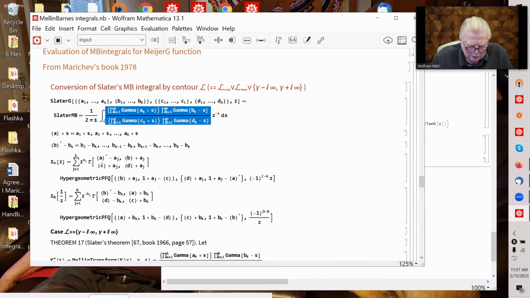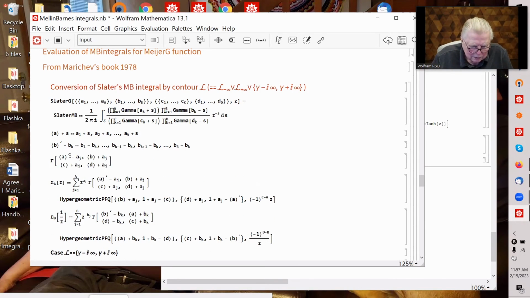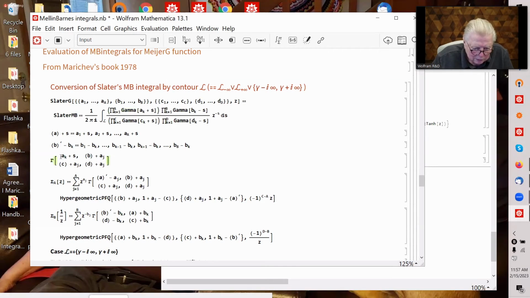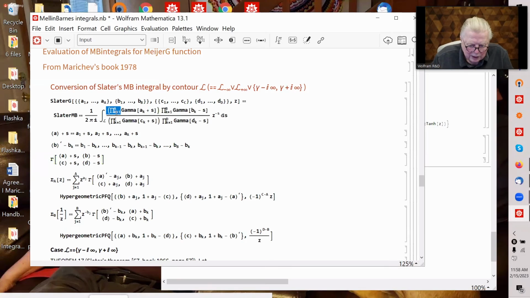Gamma of A, B minus S, D minus S, and C plus S. This guy is equal to this guy.